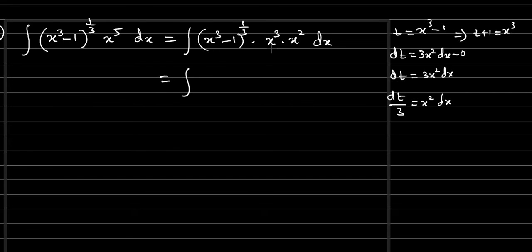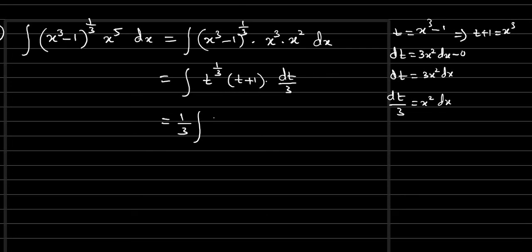Okay, now integral, x cube minus 1 as t, so t power 1 by 3. And x cube is what? t plus 1. And x square dx as dt by 3. This denominator 3 is a constant, we can take it outside. Now t power 1 by 3, I am going to multiply with both the terms.